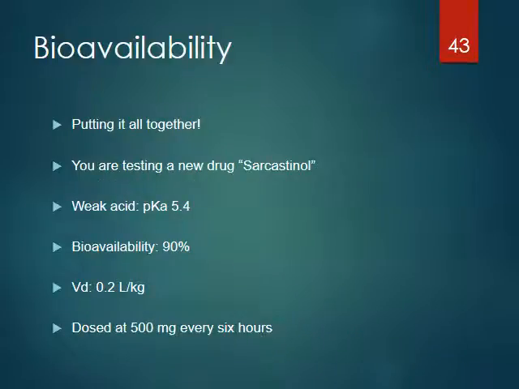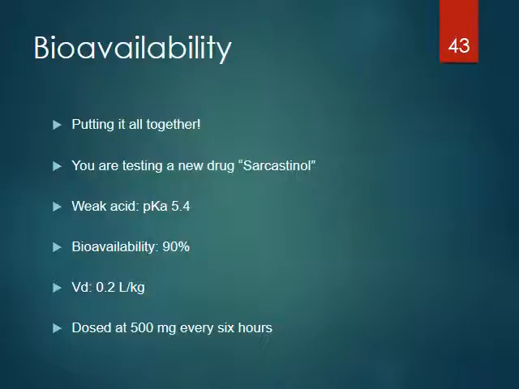So again, putting it all together, let's say we were working with a new drug called sarcastanol. It's meant to help suppress the sarcasm in PA students and pharmacology teachers alike. We'll say this drug is a weak acid with a pKa of approximately 5.4, has a bioavailability of 90%, which means that 90% of a dose that's ingested would be absorbed, and has a volume of distribution of 0.2 liters per kilogram.